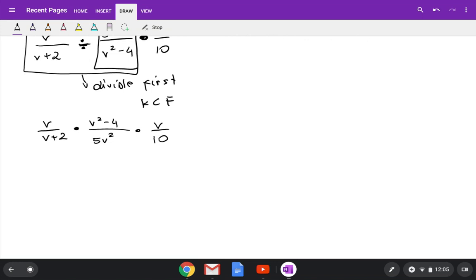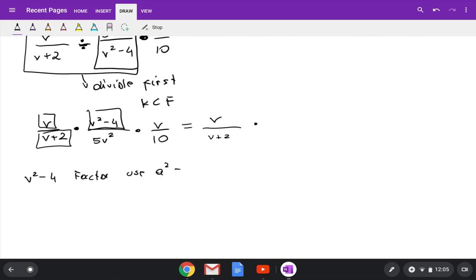So first you need to factor each. V, again, there's nothing you can do with v, so just copy. V plus 2 is prime, there's nothing you can factor, so just copy. Times v squared minus 4, you can factor. Use the a squared minus b squared formula, which is the difference of two squares: a minus b times a plus b.